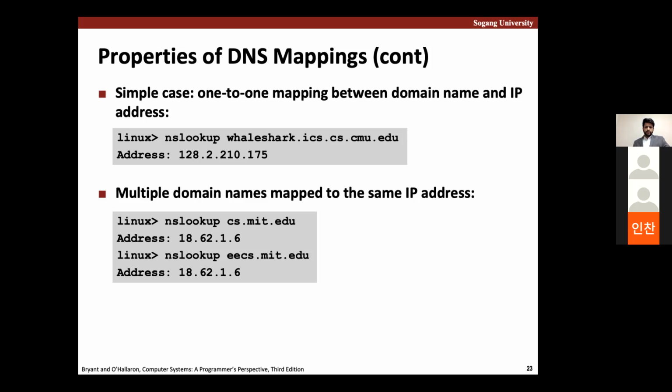For example, if we run nslookup on cs.mit and then nslookup on eecs.mit, we get the same IP as output for both commands. So this is the case where multiple domain names map to the same IP address in DNS.